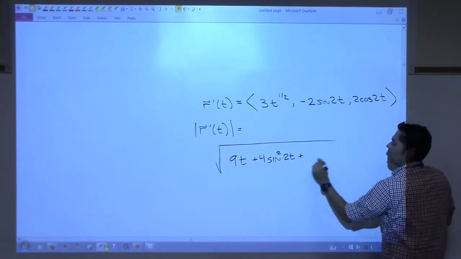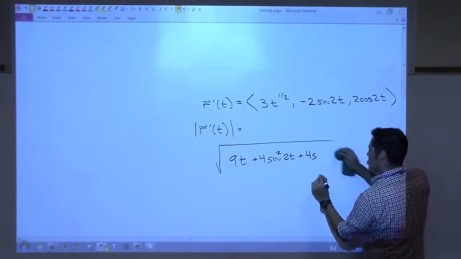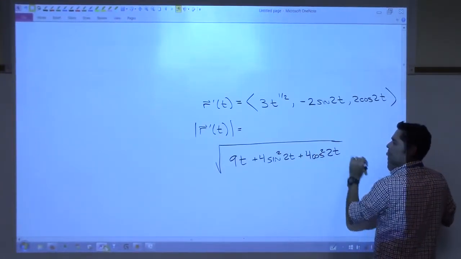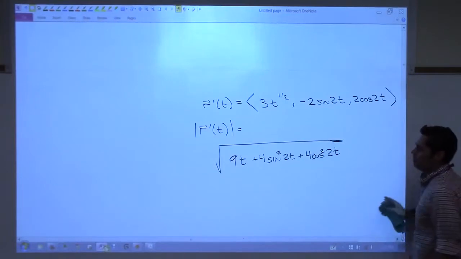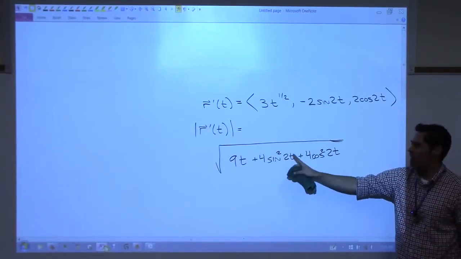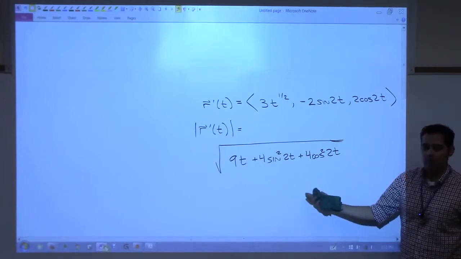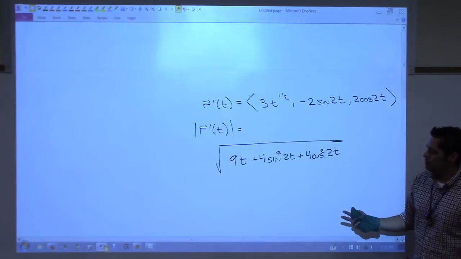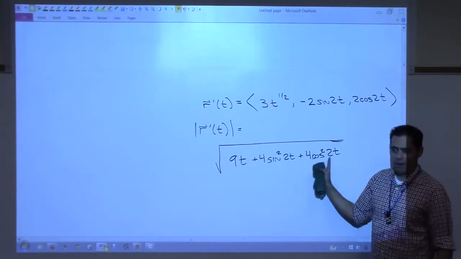And then square this one, you get another 4 cosine squared 2t. What can you factor out of these two? A 4. And then that becomes a 1, right? The fact that they both have 2t in them, that doesn't matter. So you have just a 4 out here, right?